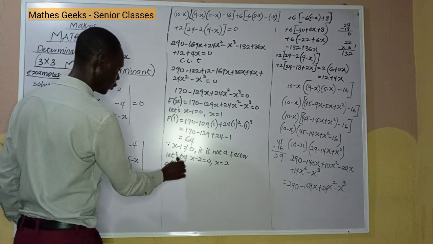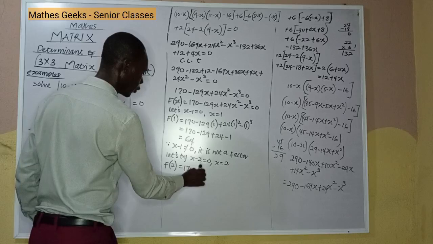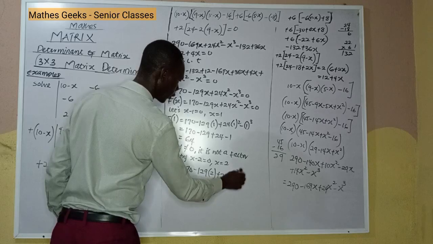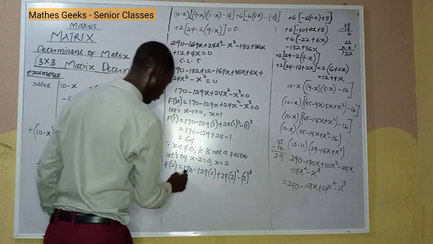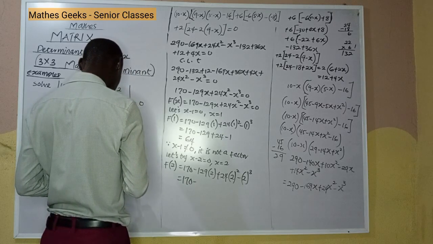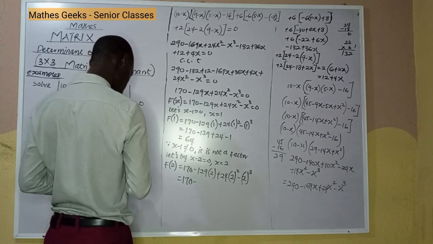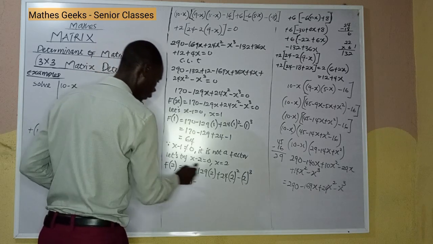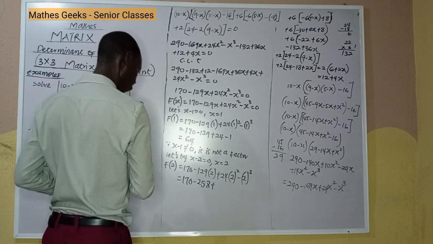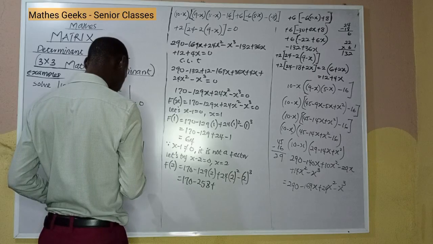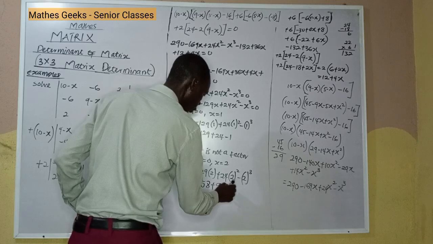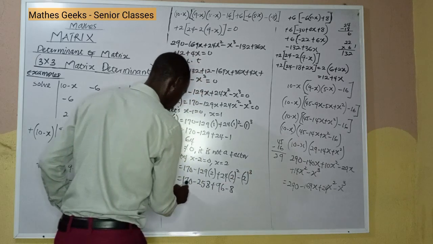So f(2) is equal to 170 minus 129 times 2 plus 24 times 2 raised to the power 2 minus 2 raised to the power 3. 170 minus 258 plus 24 times 2 raised to the power 2, which is 4. 4 times 24 is 96. 2 raised to the power 3 is 8, minus 8.